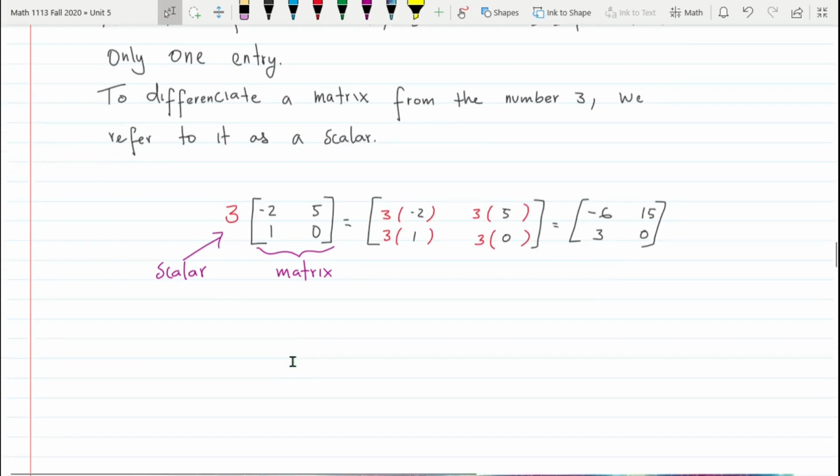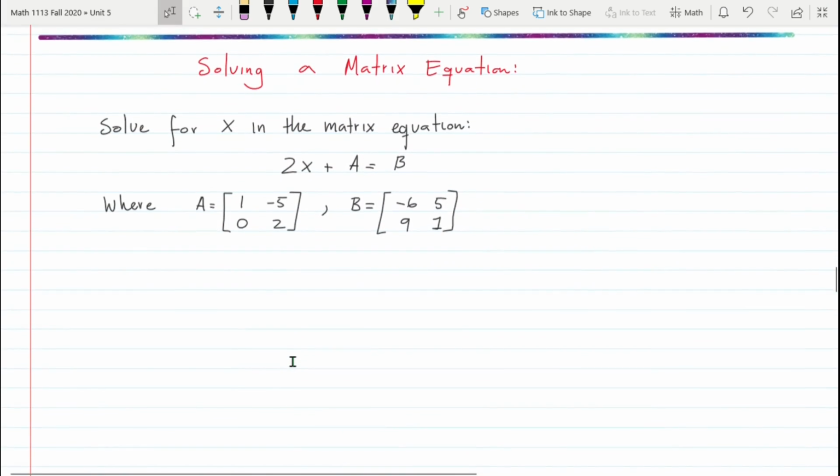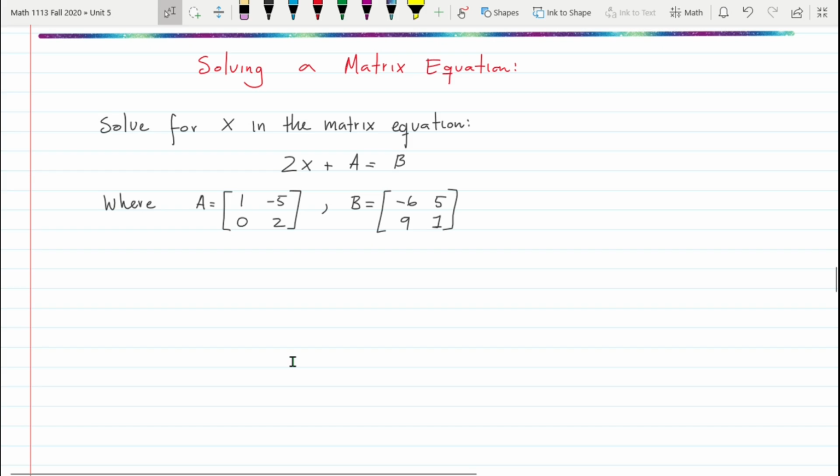Okay. So next, what if we look at matrices from somewhat of an algebra perspective where you're just solving for x, right? For example, here we have this equation, 2x plus a equals b.